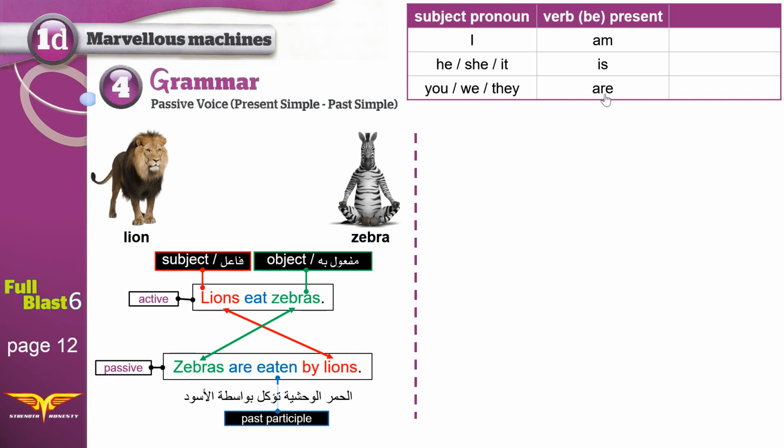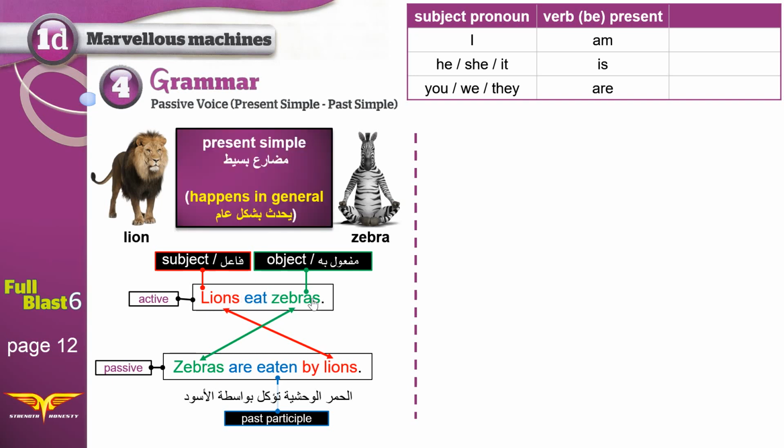We use are. Okay. Now, the question is, did this action happen in the past? Is it happening right now? Will it happen in the future? Well, it happens generally. It happens all the time that lions eat zebras, or zebras are eaten by lions. This is why we call this type of sentences present simple.